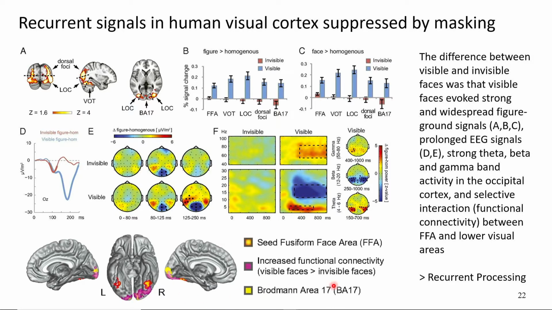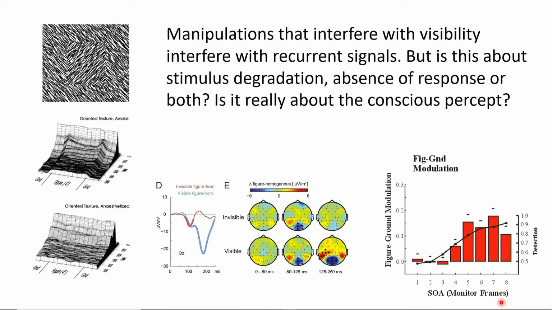So again, indicating that in a situation like this, and also in the human brain, you have this difference between recurrent processing and feed-forward processing, in the sense that the selective feed-forward activation of the fusiform face area and what have you is still there, even if you don't see the face. It's the recurrent processing which is signaling whether you see the face or not. So you have all these manipulations that interfere with visibility, that interfere with these recurrent signals at the same time.